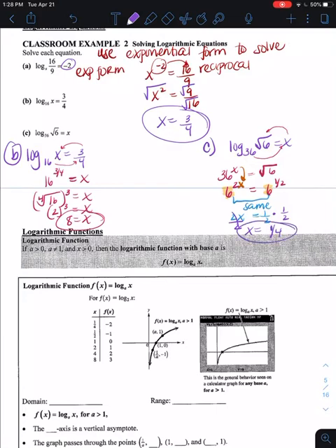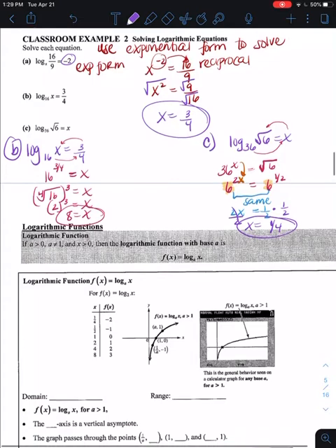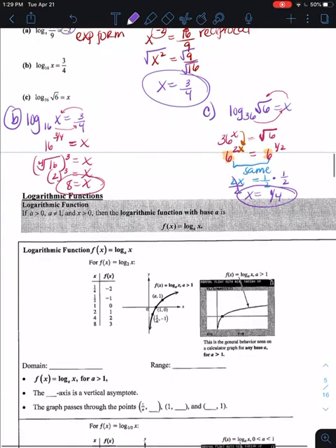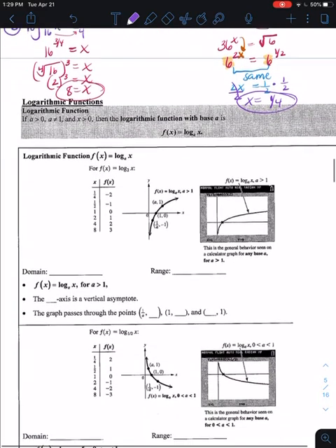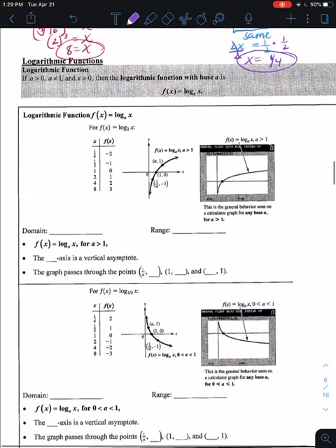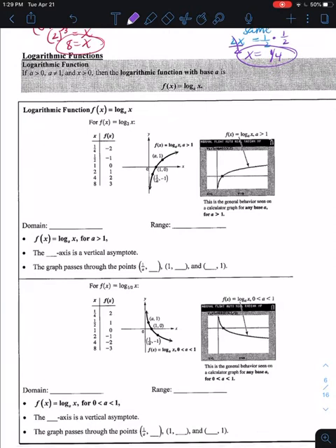All right, so now we're going to graph, or look at the graphs of, log functions. Logarithms and exponents, logarithmic functions and exponential functions, they're inverses of each other. So let's make a note.